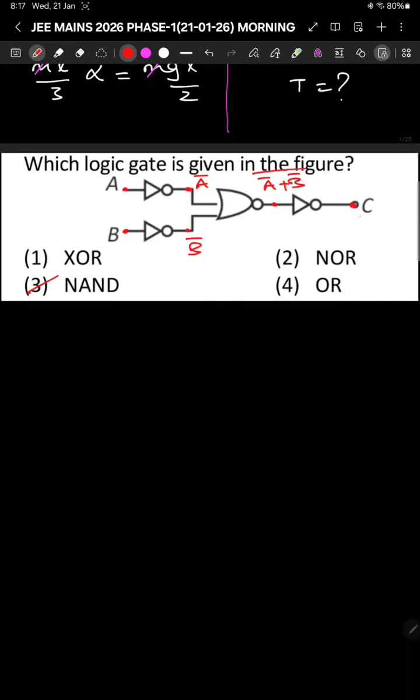Again here we have a NOT gate. NOT gate means again a bar should be given, double bar, so this double bar will get cancelled. So this finally becomes A bar plus B bar. We can apply De Morgan's law so that it becomes (A dot B) whole bar.